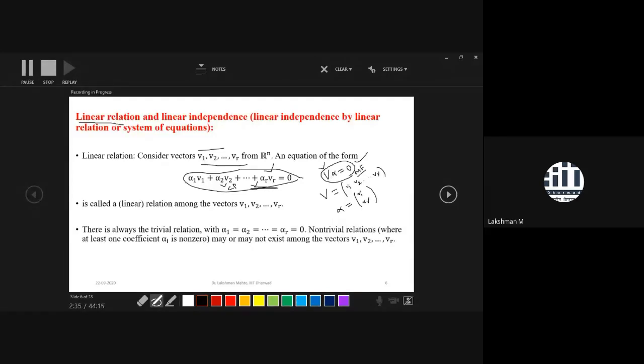If you put alpha equal to 0, the equation is already satisfied, so 0 is a trivial solution. But to find a dependency, we have to look for a non-trivial solution. If we get a non-trivial solution, meaning at least one alpha i is non-zero, then we can say that the vectors are linearly dependent. That is the whole criterion.